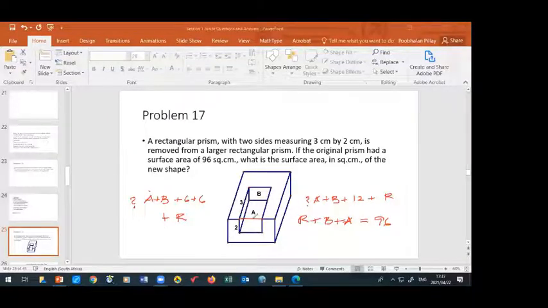Because all the other parts there, plus the front, plus the top of the removed prism, will give you the original surface. And we know that that is 96. That's very nice because we can calculate this. A plus B plus R is already 96. So this is 96 plus 12. 96 plus 12 is 108.